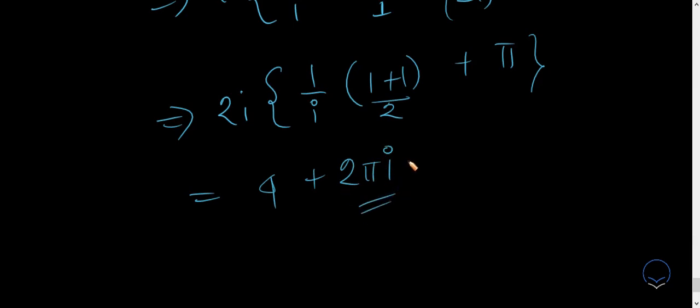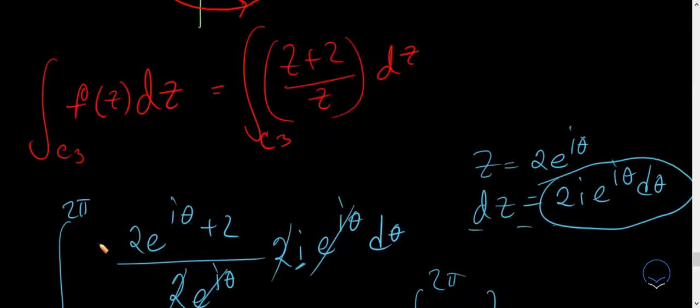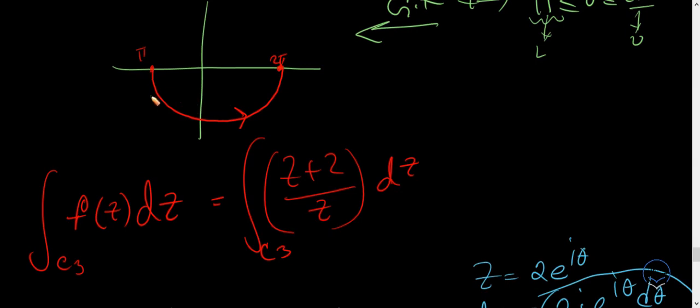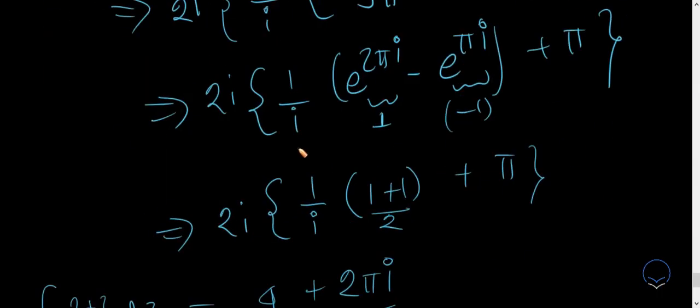This should be your result for evaluating z plus 2 divided by z dz along contour C3, where C3 is just this semicircle on the lower half of the plane.